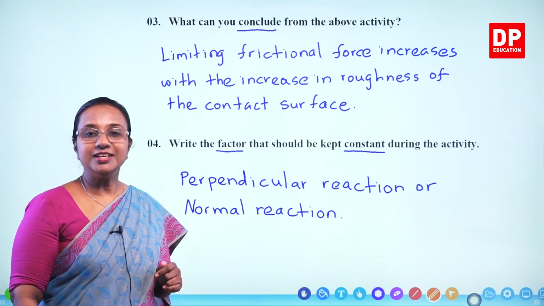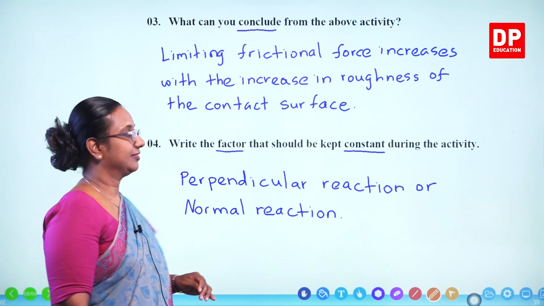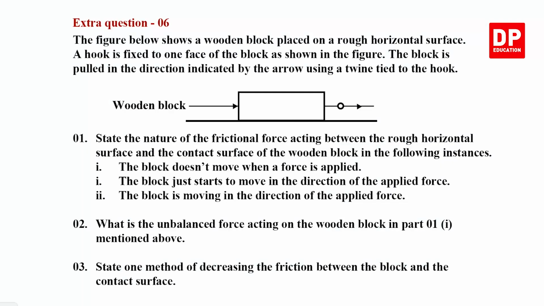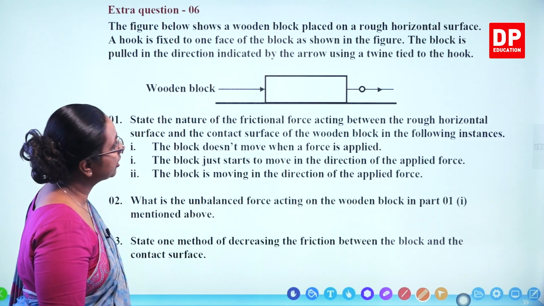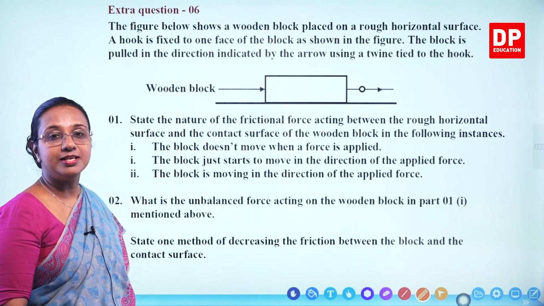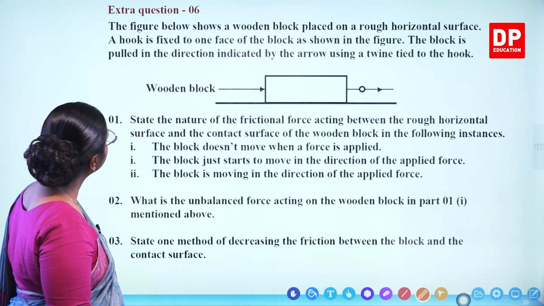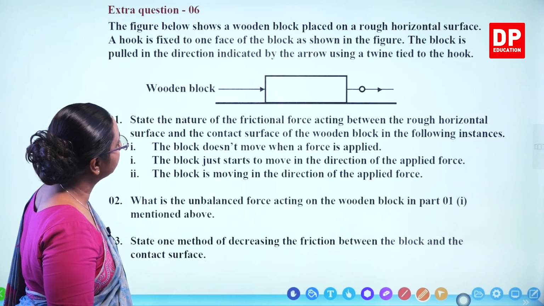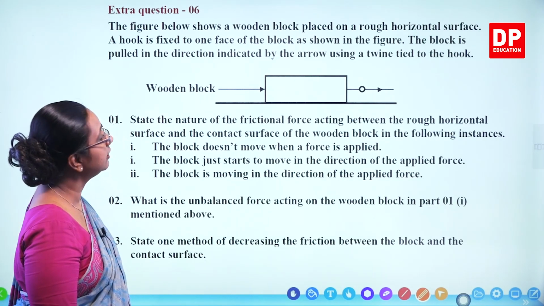We'll move on to the next question. Extra question 6. The figure below shows a wooden block placed on a rough horizontal surface. A hook is fixed to one face of the block as shown in the figure.